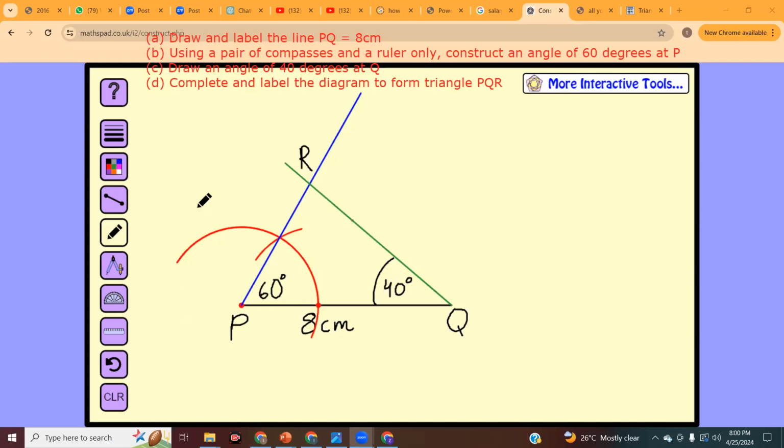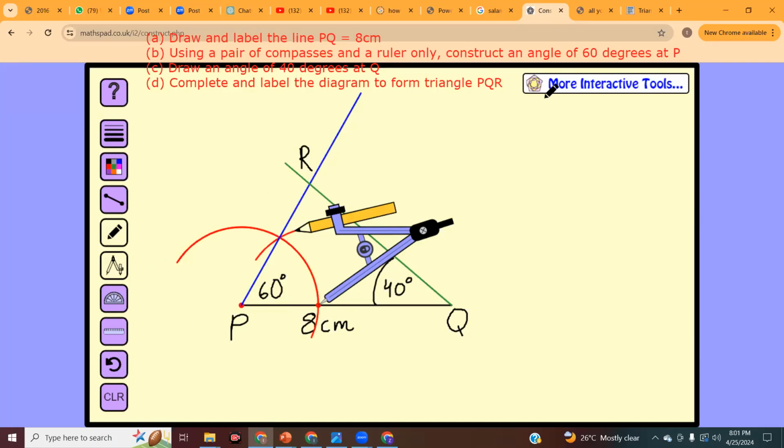No, sir. No? Okay, so the first thing we did was we drew and labeled PQ, which is 8 centimeters. You saw that, right? I saw that. Then we have to construct an angle of 60 degrees. So we went at P and we constructed the 60-degree angle. Oh, I thought you measured that out. No. After we already constructed that, then we say draw an angle of 40 degrees.